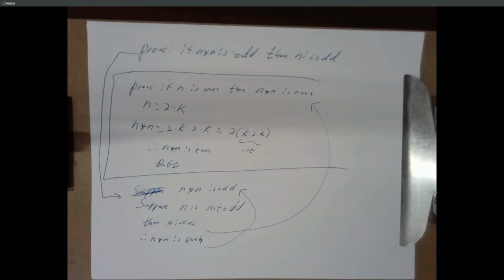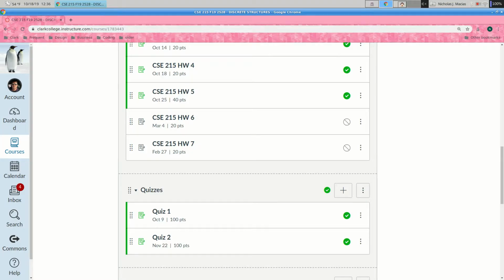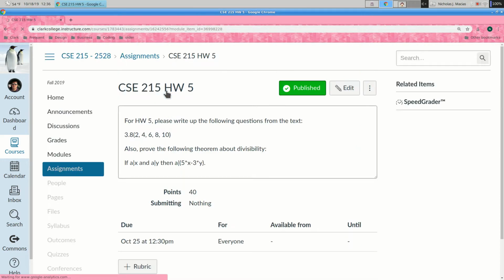All right, questions on the new homework? So it's 5 questions from 3.8. These are on quantifiers. And then there's a proof involving divisibility, similar to what we were proving on Wednesday. I don't know why this says 40 points, but I'll give you 40 points for it.